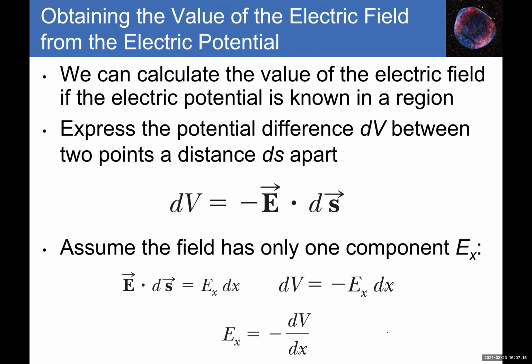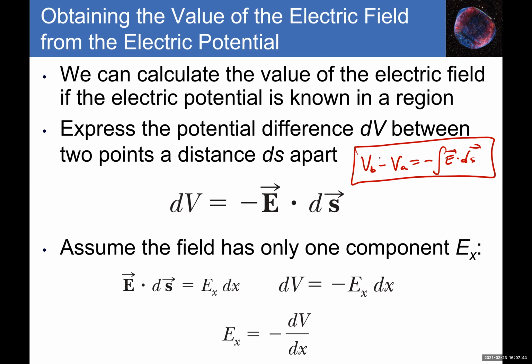So there is that equation that we already looked at, where VB minus VA equals negative the integral of E dot ds. Okay, so again, this is the important equation for us. If we go back to this equation, there is a way to reverse engineer it.